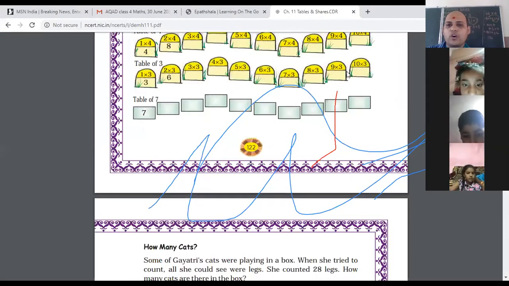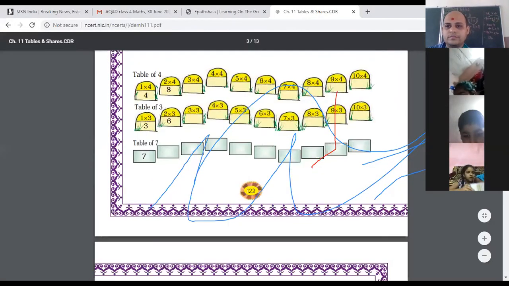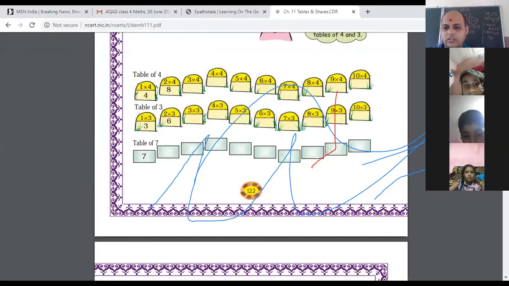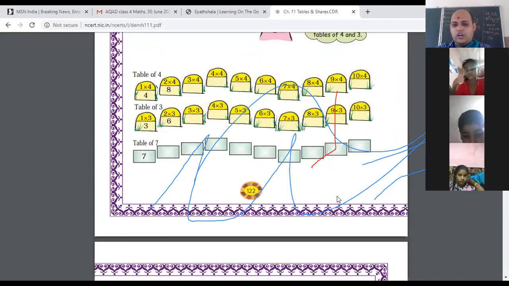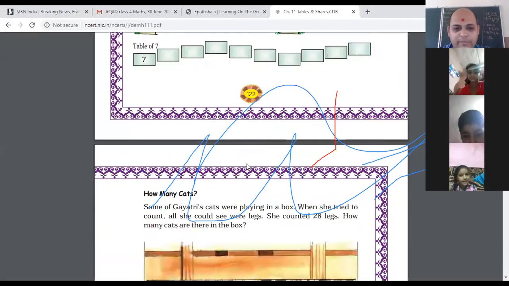So this one you can do on your own. Can you do it on your own? Very easy. Writing the table of, right? This is the very easy part. So what you can do is make your tables like this again and again. So many tables you can make.